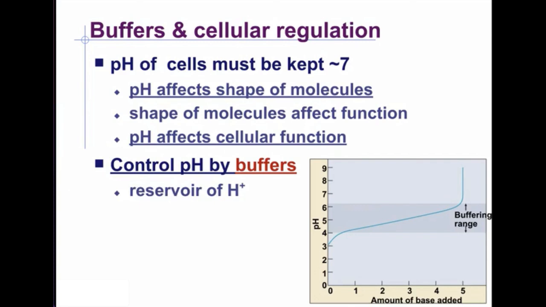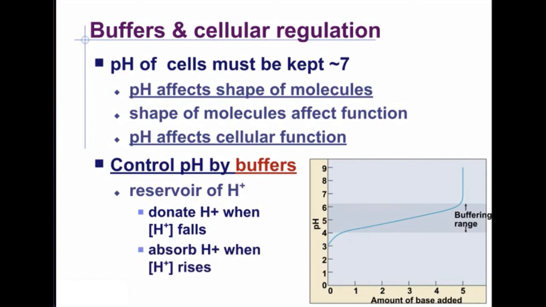There are reservoirs of H plus that balance things out when a certain environment in our body becomes acidic. A buffer donates hydrogen when hydrogen falls, or absorbs hydrogen when hydrogen ions rise.